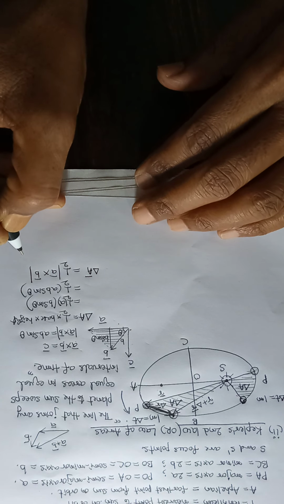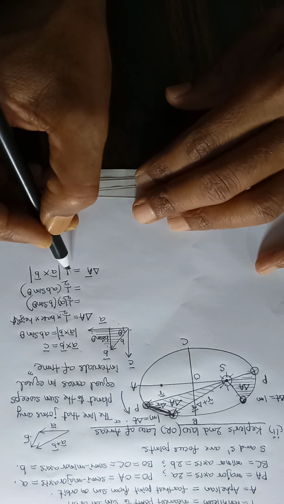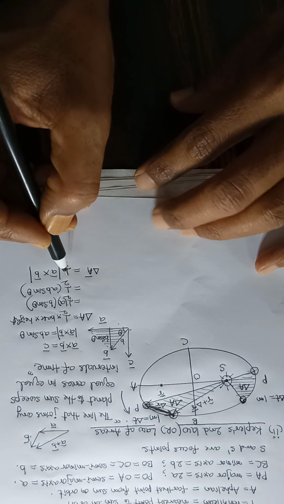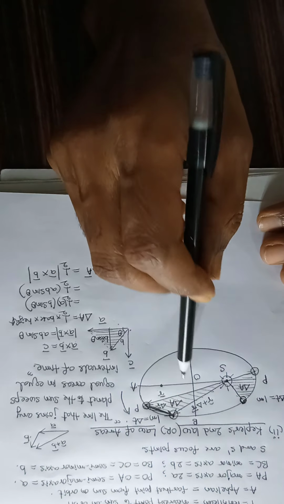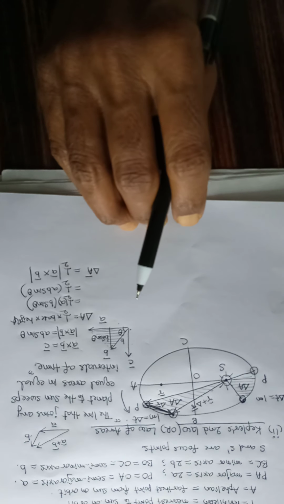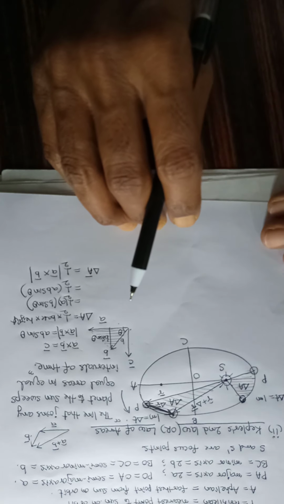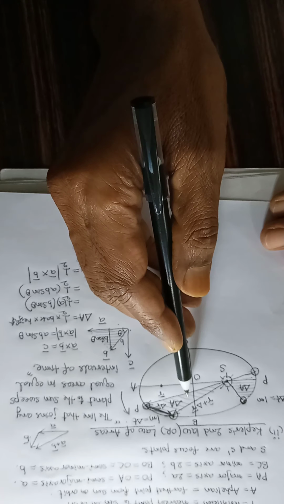But actually area, total surface area is a scalar, but when you consider the area of a small element, that is taken as a vector, and the direction of the area is taken perpendicular to the surface.